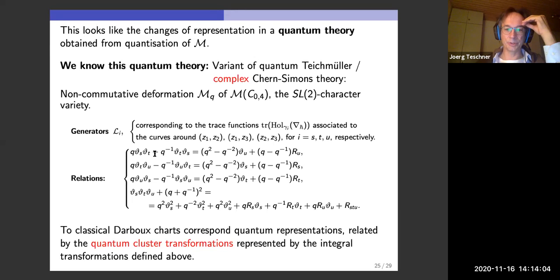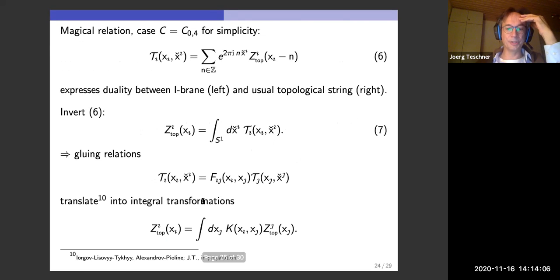You can just multiply these with trace functions, and then you can invert the transformation. So then what would that be? That would then be difference operators acting here, which then gives a non-commutative, in general, deformation of the algebra of trace functions.